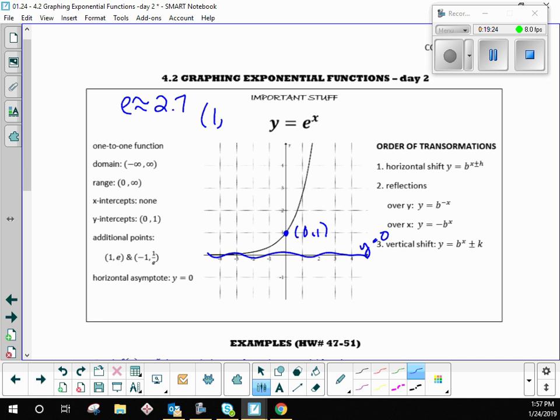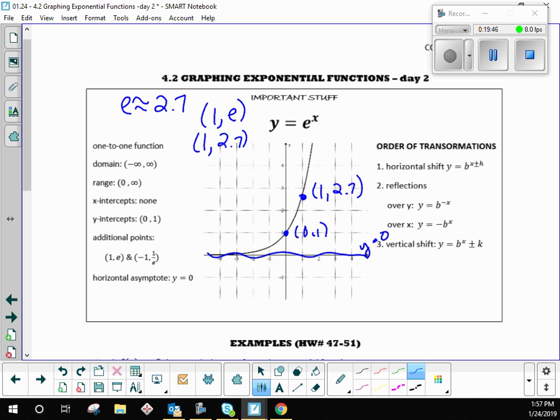When x is 1, y would be 2.7, because it'd actually be e. How do you graph e? You don't. You graph 2.7, approximately.